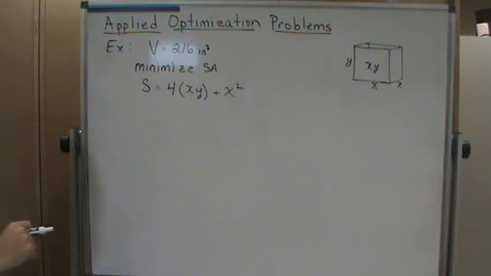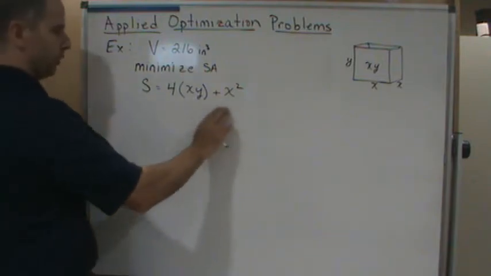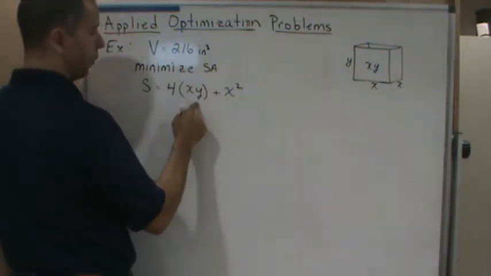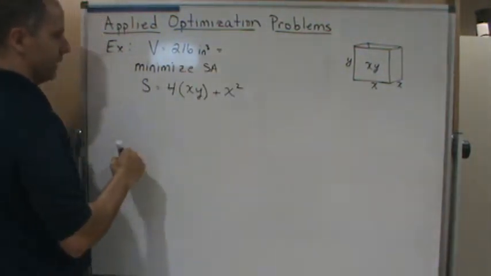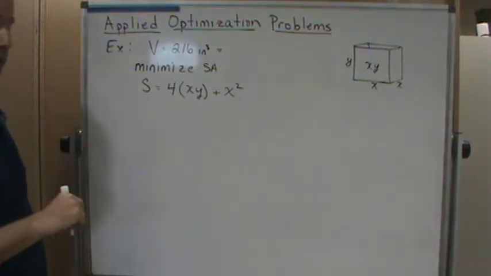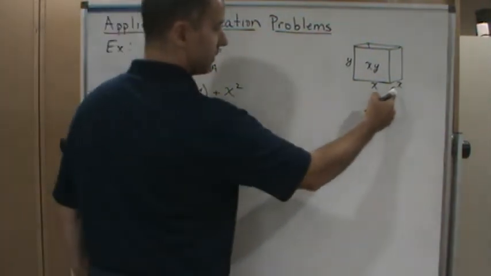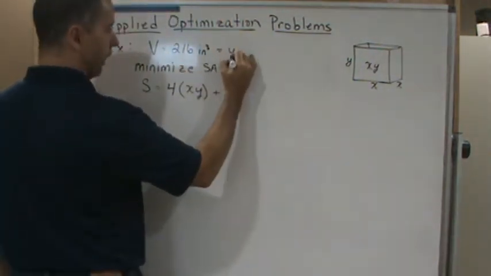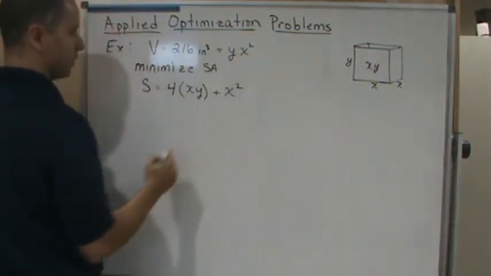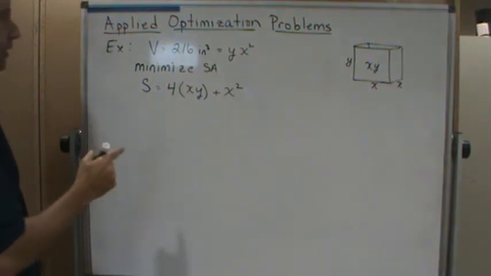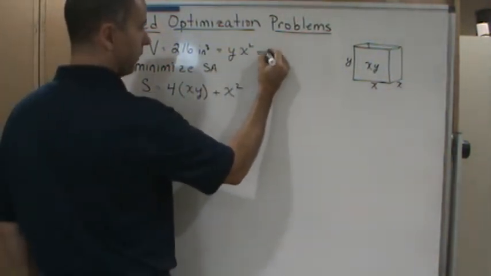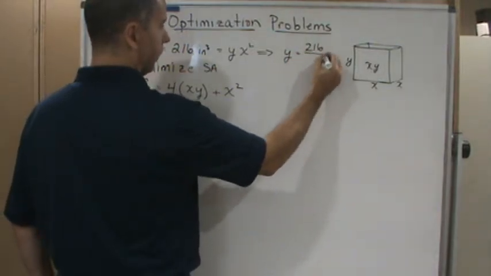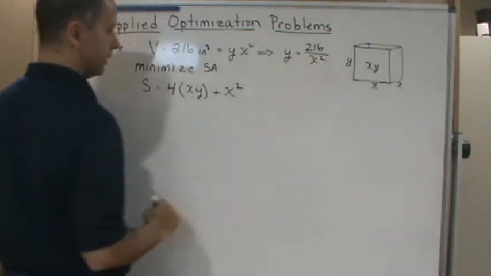Now, we've got multiple independent variables here, right? So we want to substitute in for y, and that's where the volume comes in, because they give us a constant volume. What's volume? The volume is the length times width times height, so in this case it's y times x squared. So now we can solve for y: y equals 216 over x squared.